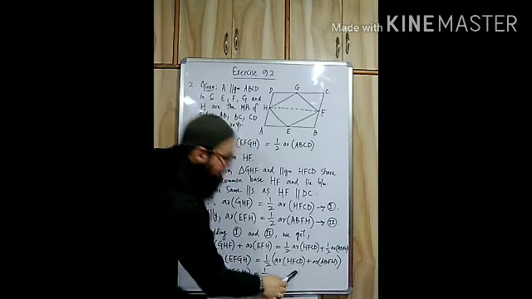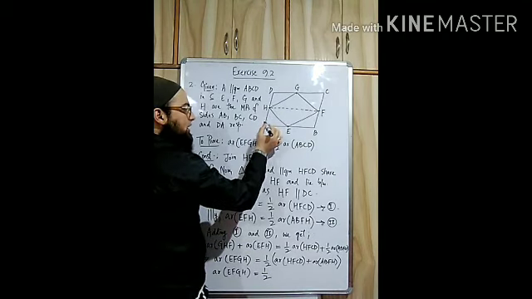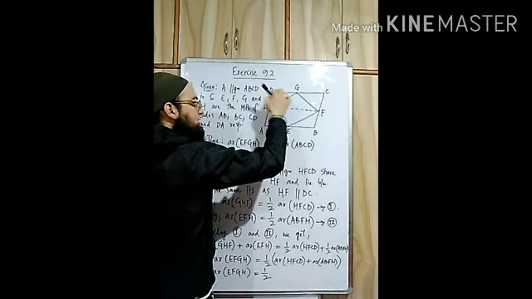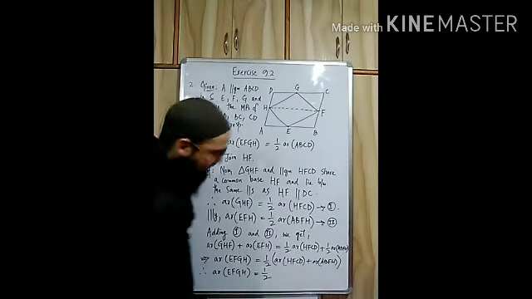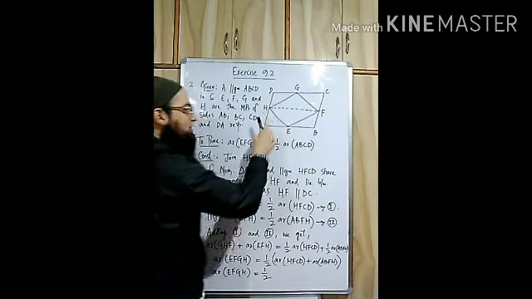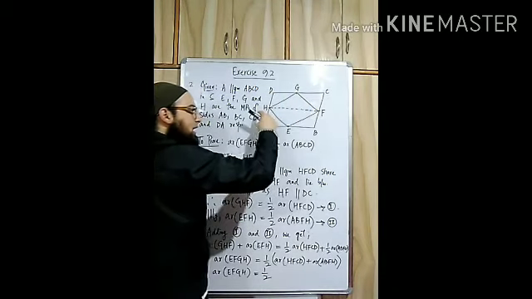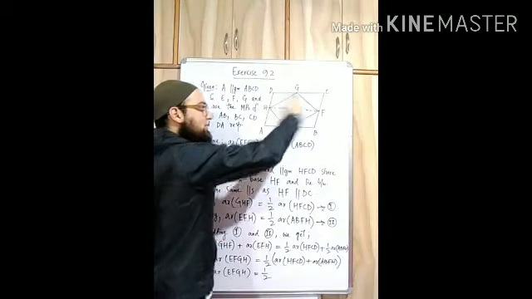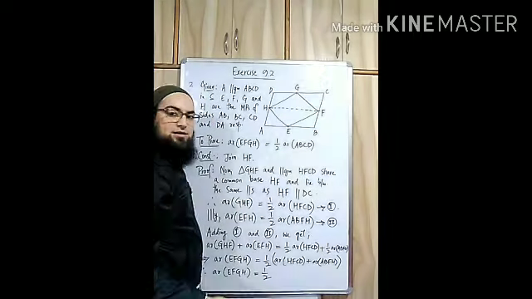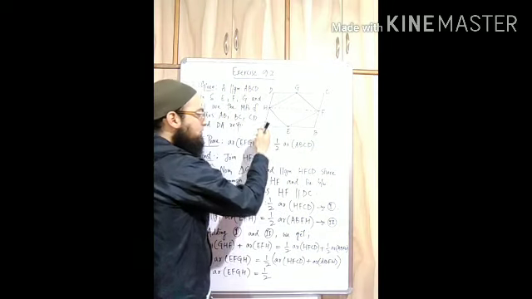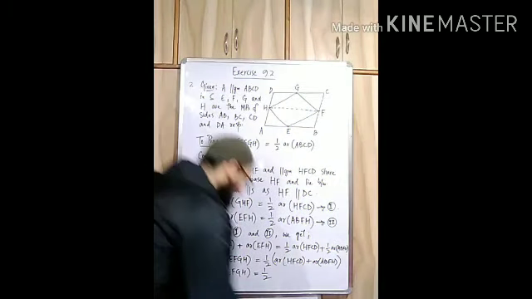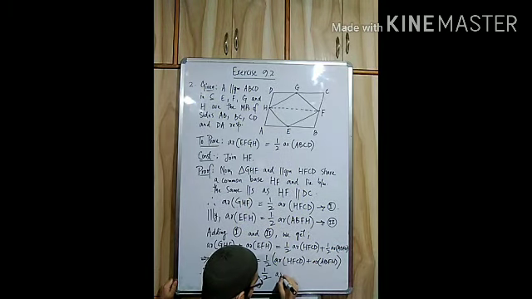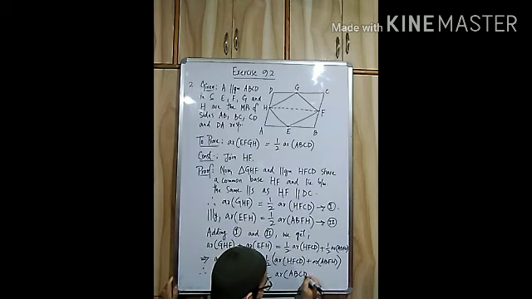Now see, HFCD, this parallelogram, plus ABFH. Now adding this and this, area of this and this is nothing but area of parallelogram ABCD. See? Good. 1 by 2 area of ABCD.